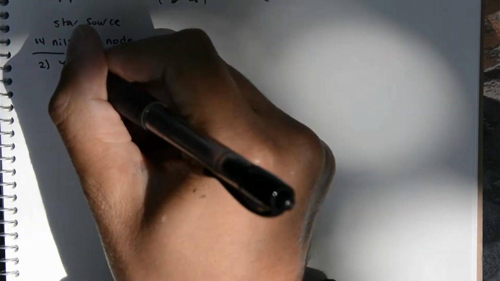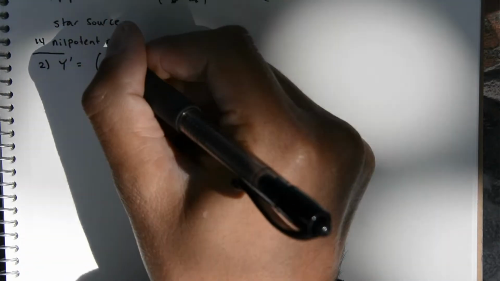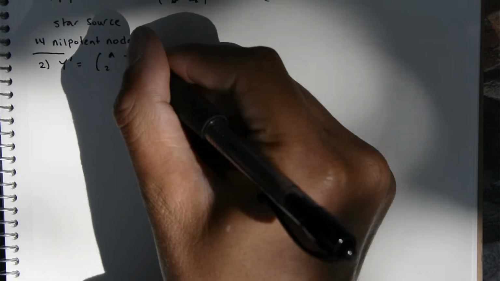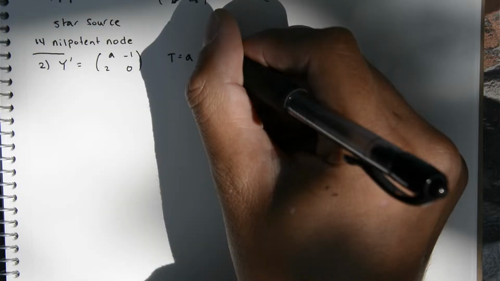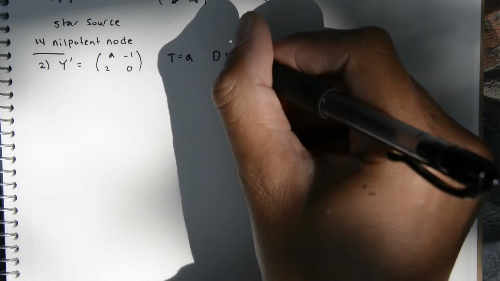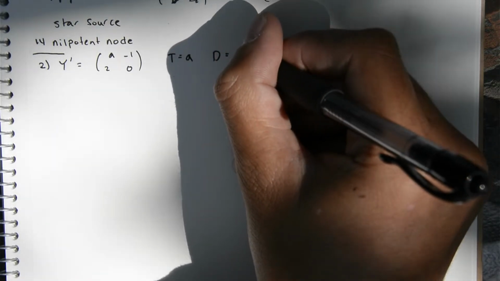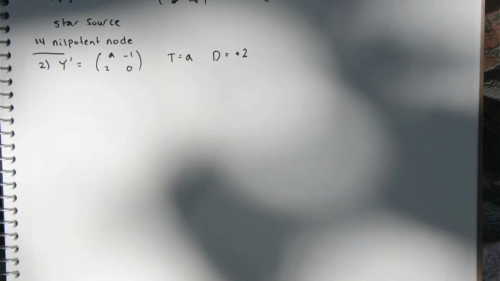Y prime is equal to the matrix A, minus 1, 2, 0. So the trace is equal to A, and the determinant is going to be equal to minus 2. Or wait, no, positive 2.